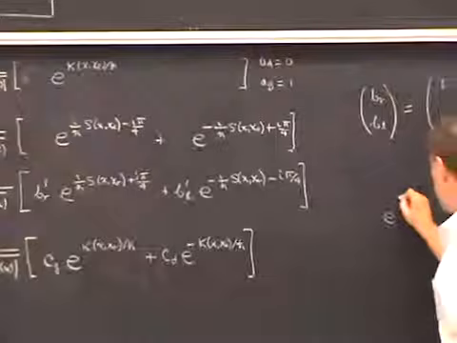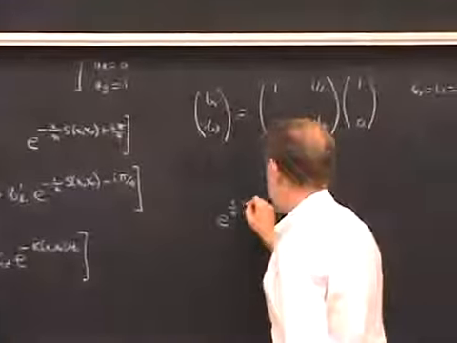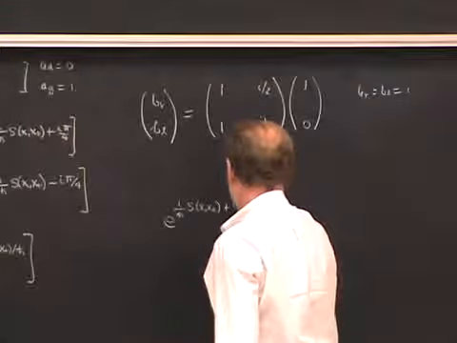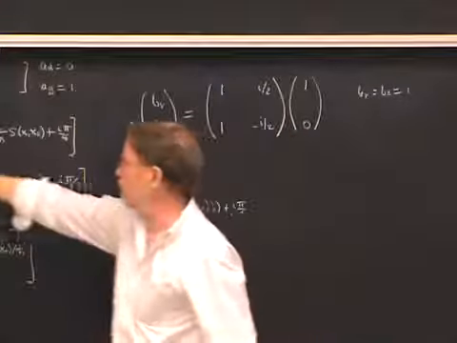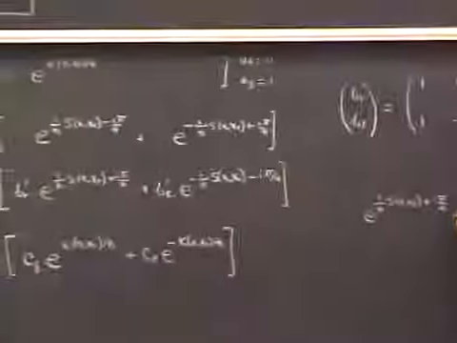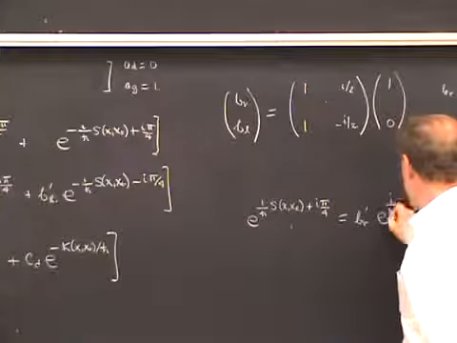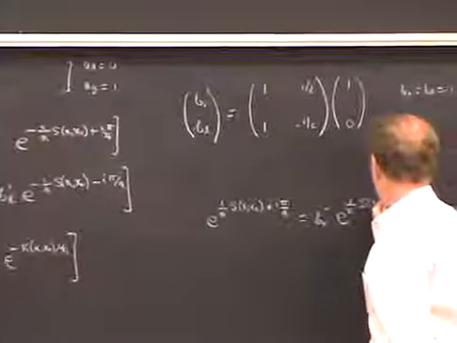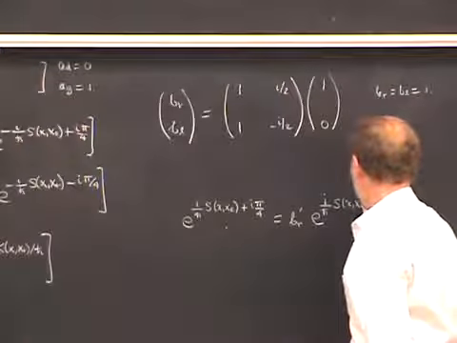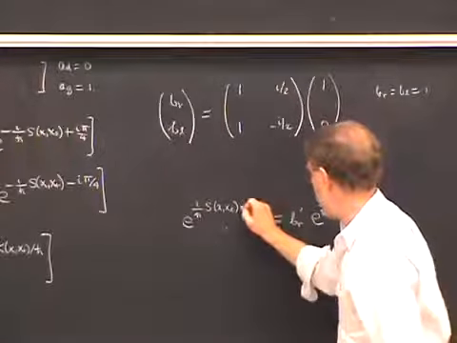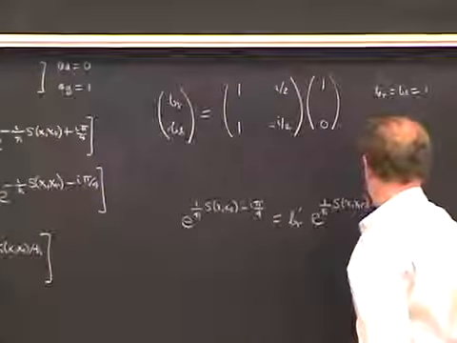This gives us e to the i over h bar S of x comma x_L plus i pi over 4, that's this upper term, is equal to D_R prime times e to the i over h bar S of x comma x_R, referred to the right turning point. This should have been a minus pi over 4, plus i pi over 4.